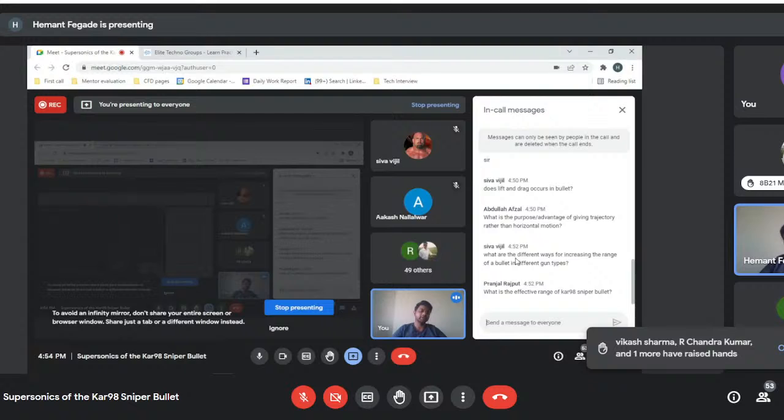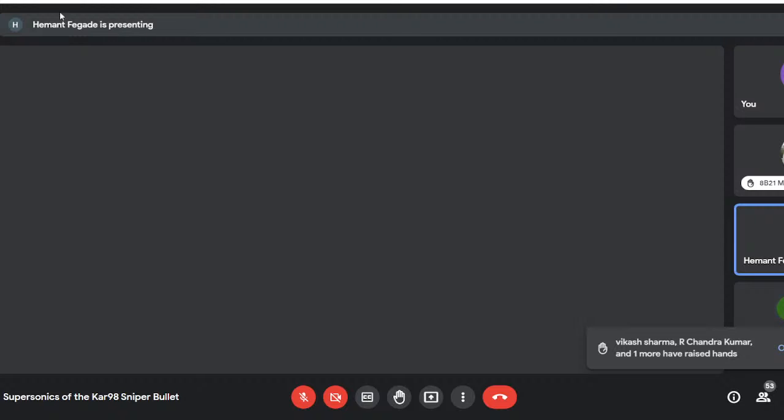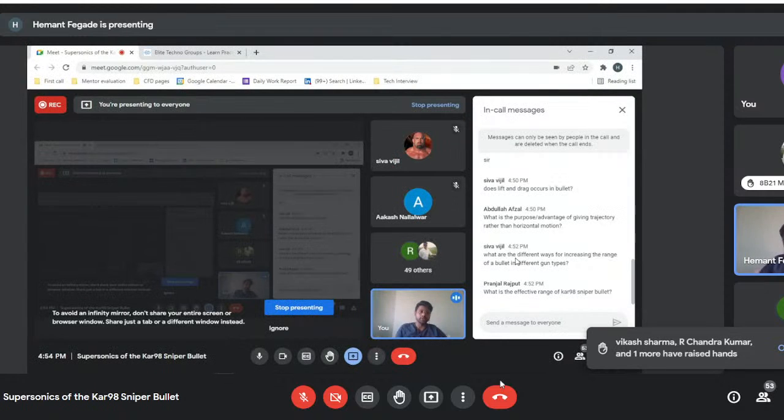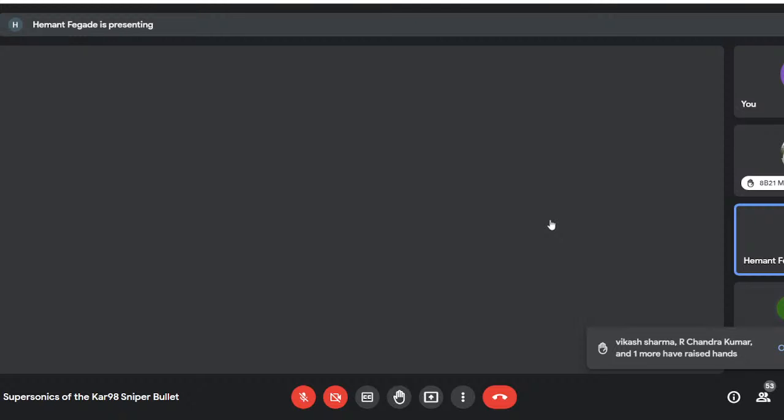What is the effective range of the Kar98 sniper bullet? If you are going with a no scope or basically iron sight, which doesn't have any magnification, based on your judging of the projectile that you are going to launch, it will achieve around 500 meters of accurate operation. So within 500 meters you will be able to hit the mark with pretty great accuracy.